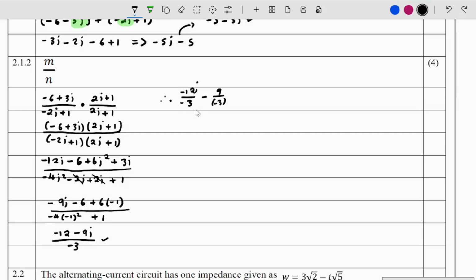Let's not forget the i. Then negative 12 divided by negative 3 gives us 4, and the negatives cancel on the second one, giving us positive 3i. And that will be our solution for that question.